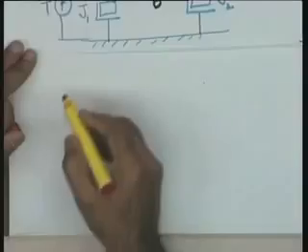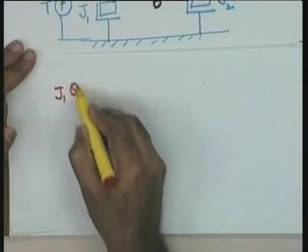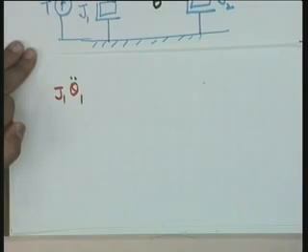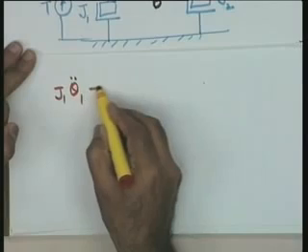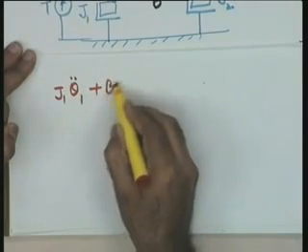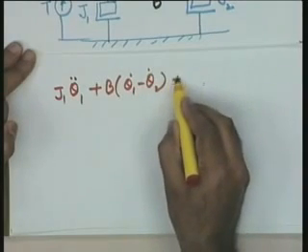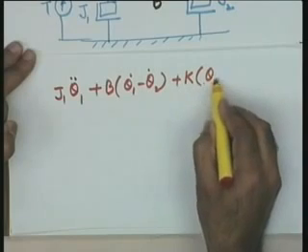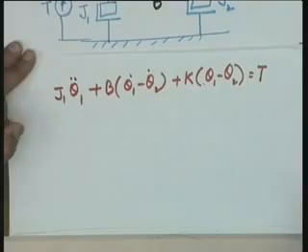So, in this particular case, the two equations turn out to be, just look at this, J1 theta 1 double dot. Now, I am directly writing in terms of theta 1, so that when I transform it to a transfer function model I am more comfortable. J1 theta 1 double dot plus B (theta 1 dot minus theta 2 dot) plus K (theta 1 minus theta 2) equal to T. Fine.